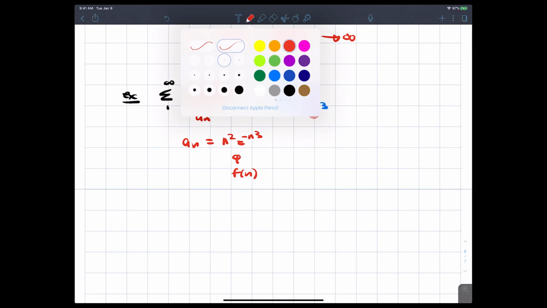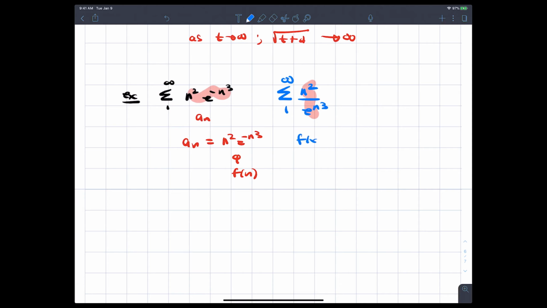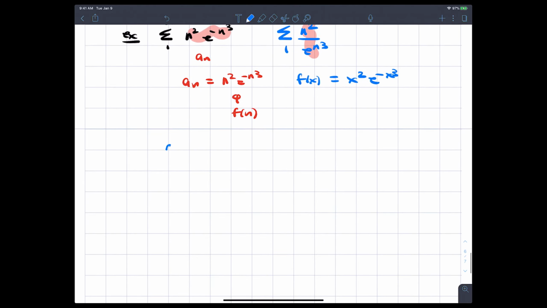So when you write down the function you have to integrate, it's simply replace the variable with x. So by the integral test, we're really just going to integrate from 1 to infinity, x squared e to the minus x cubed dx, which is the limit as t goes to infinity, 1 to t, x squared e to the minus x cubed dx.